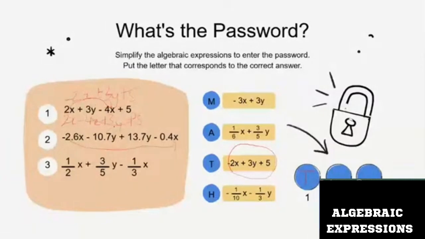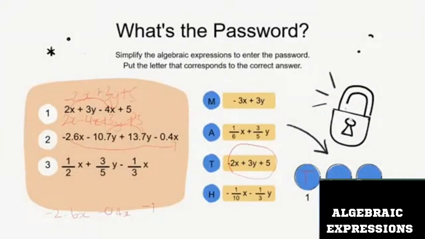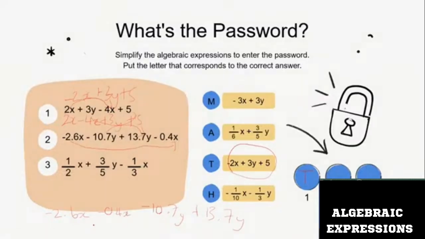This minus 10.7y is also another like term with plus 13.7y. Right, so how do you solve it? Minus 2.6x minus 0.4x minus 10.7y plus 13.7y. Okay, this one is very simple.